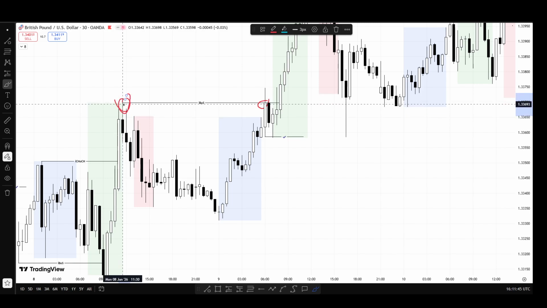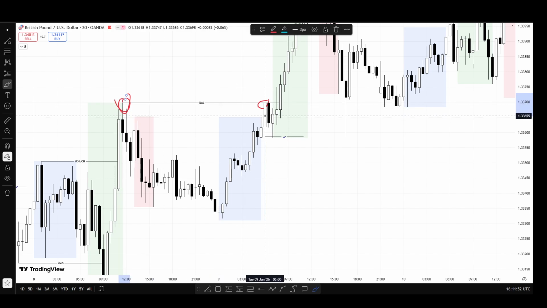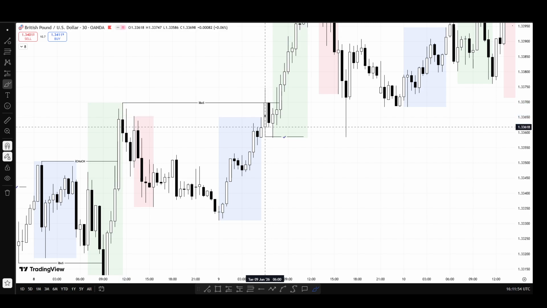We closed exactly on the same high, so we had this high for 1.33698, and then this close here was also 1.33698. So this wasn't a close on the 30 minutes time frame for me.